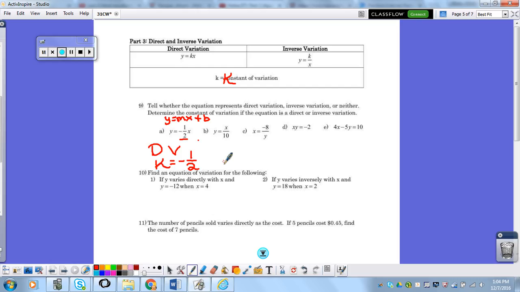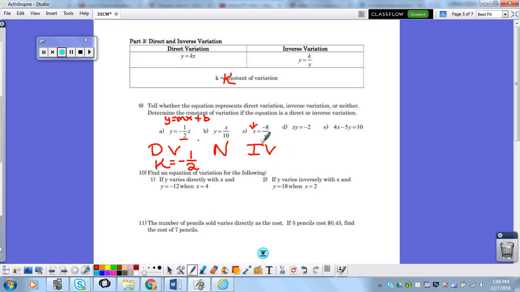Since both variables are on top, that means that it is not inverse, and it can't be direct because the operation being done is division. So it is neither.